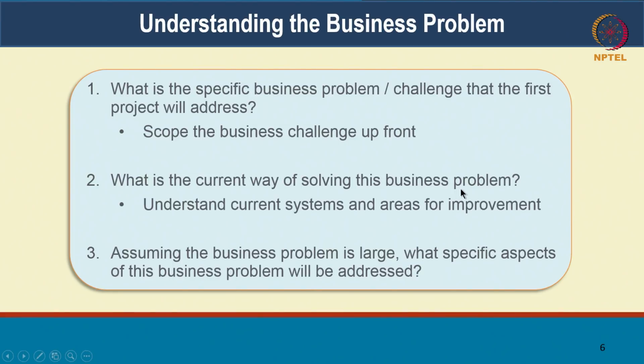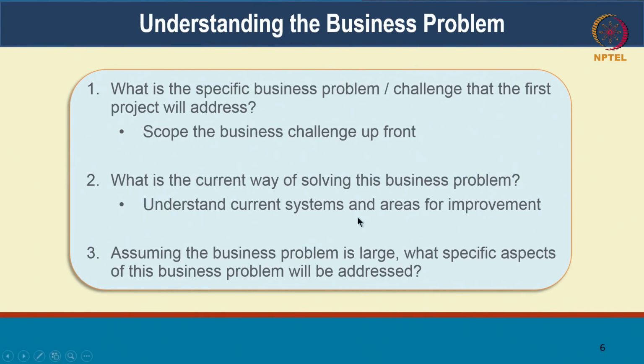Think of the current process that is being followed that creates this pain point. Understand current systems that are involved in this interaction. Maybe there are no systems. Maybe it's about people currently exchanging paper documents today. People are probably picking up the phone and calling each other. That could be the business problem. And blockchain helps you address and automate some of those things.